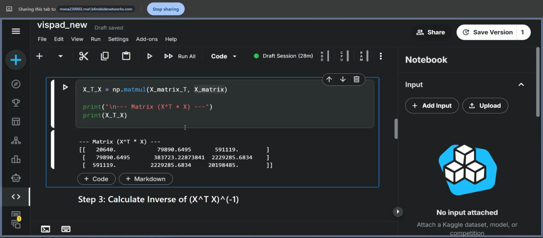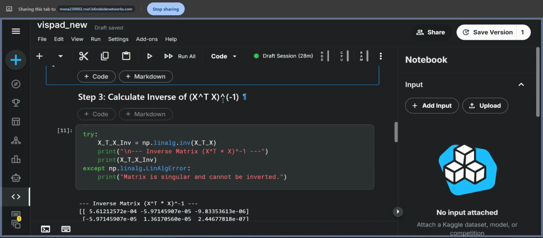The original x matrix had over 20,640 rows by 3. It wasn't a square matrix, and we need a square matrix to find our inverse. So we got our square matrix by multiplying the transpose by the matrix itself, which is a simplified representation of the feature space.